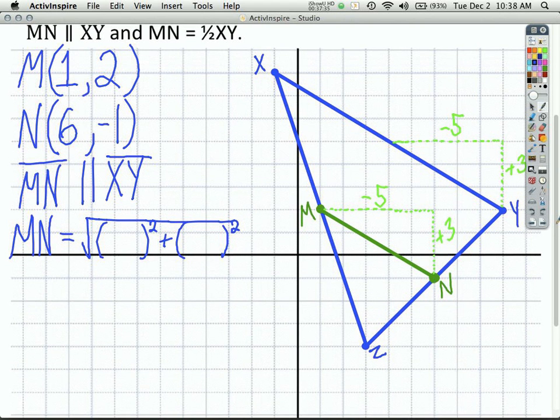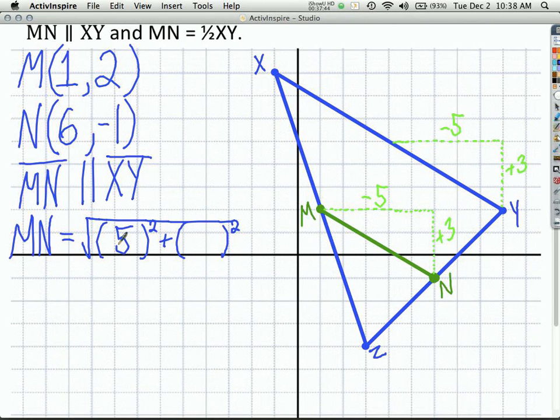So let's look at M. We've got it right there. Difference of the x's. Let's subtract this way. So 6 minus 1 is 5. Then negative 1 minus 2 is negative 3. So MN equals radical what? 25 and 9, radical 34.